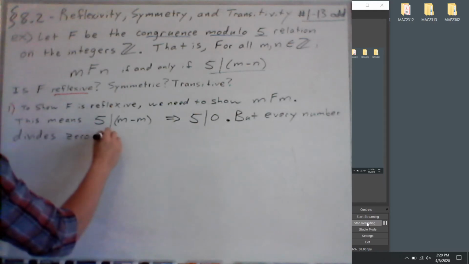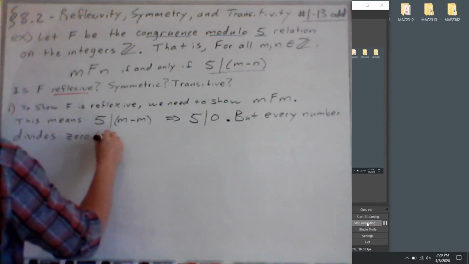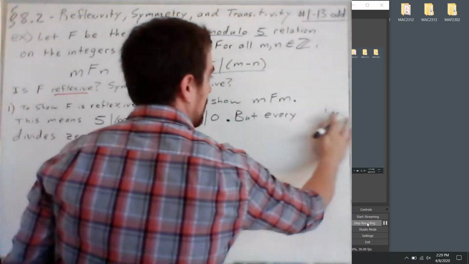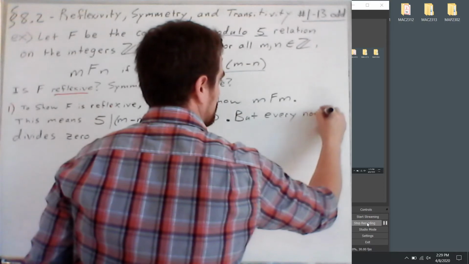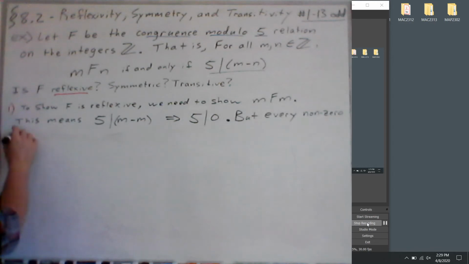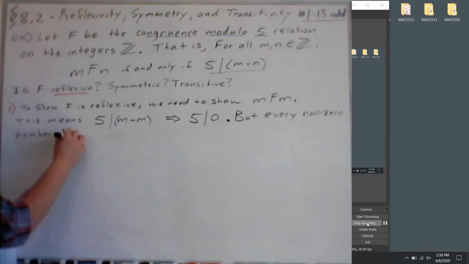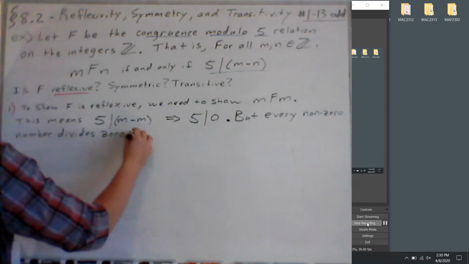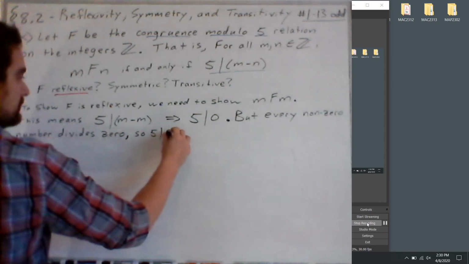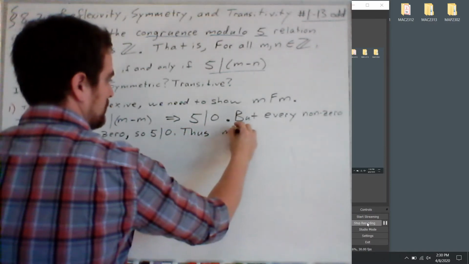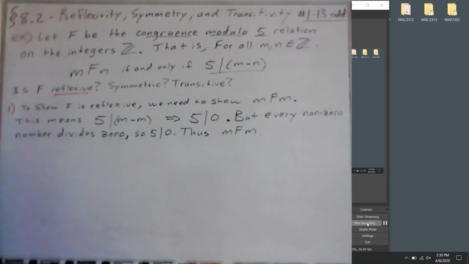Well, really, except 0, right? Maybe I'll say every non-zero number divides 0. So 5 divides 0. Thus, m is related to m.